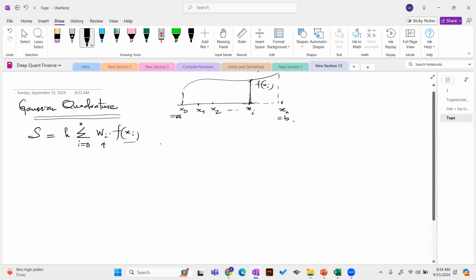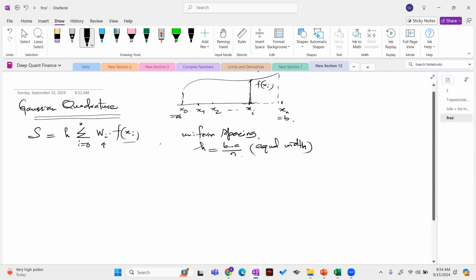Until now, we've been dealing with uniform spacing. We had a fixed spacing, h equal to (b minus a) by n, equal subintervals, equal width, you can say. That was our assumption till now.